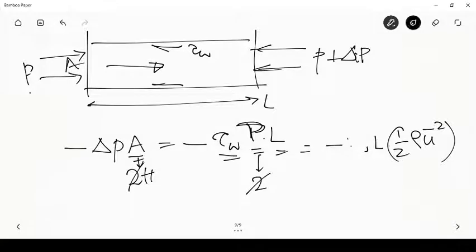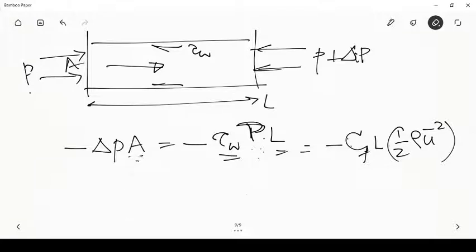Tau wall is replaced by Cf into half rho u square. So you can take this area to the other side, or let me not substitute for these things as yet, so this remains the way they are. Then the perimeter will come here.